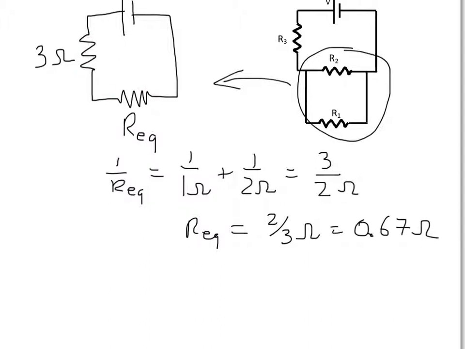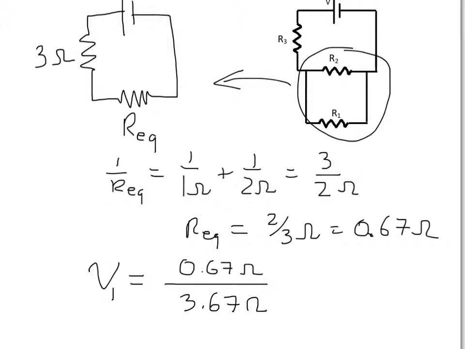The total resistance is 3 plus R equivalent. This implies that the voltage drop across the resistor number 1 will be the 0.67 ohms divided by the total resistance, which is 3 ohms plus the R equivalent, or 3.67 ohms, times the total voltage, which is 0.5 volts.